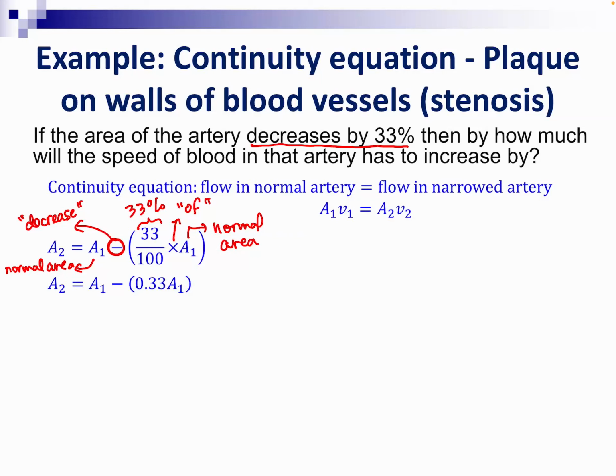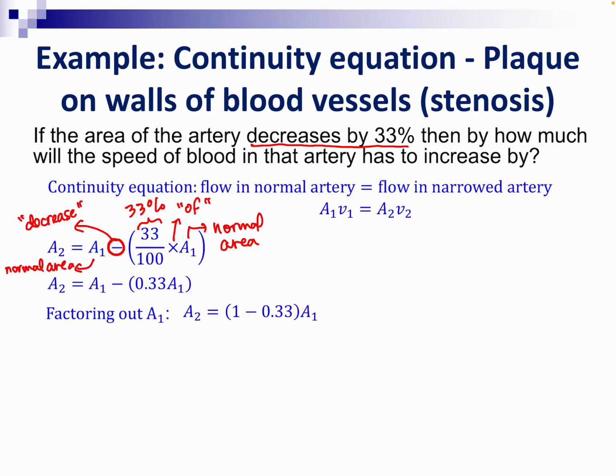So I'll teach you a mathematical trick that can be useful. It's called factorization. Factorization is when you have two or more terms in the equation, and there's a common thing that occurs through each of the terms in the equation. Say here, A1 appears in both terms of the equation. So you can factor out A1, and your equation will look like this.